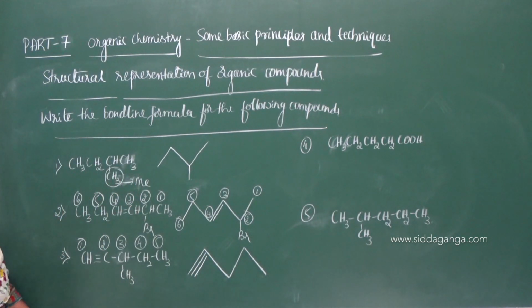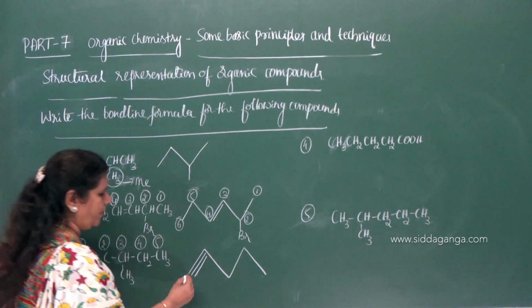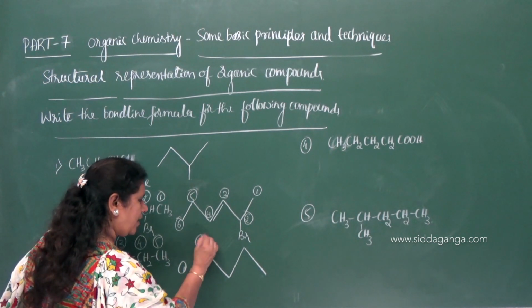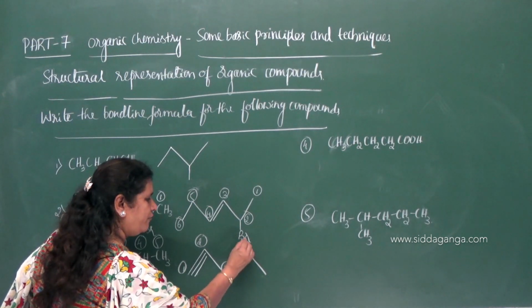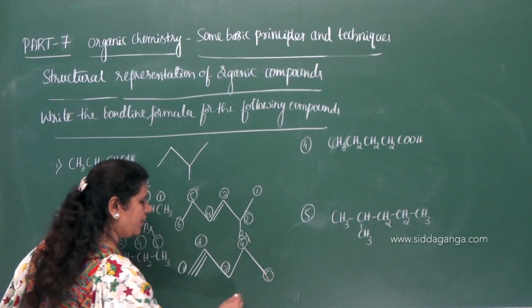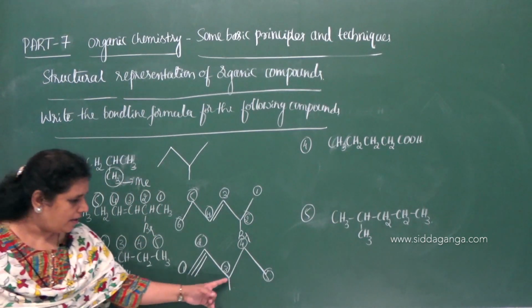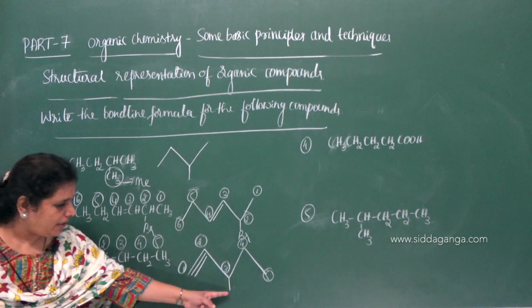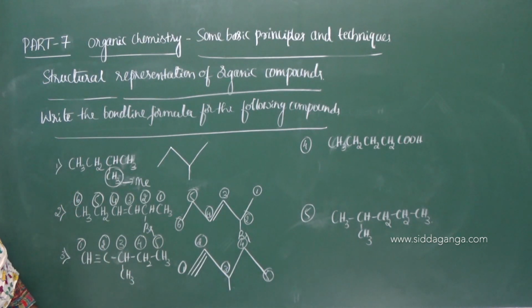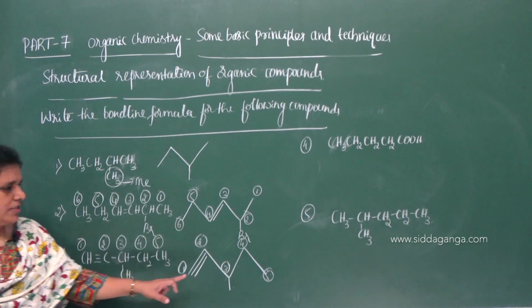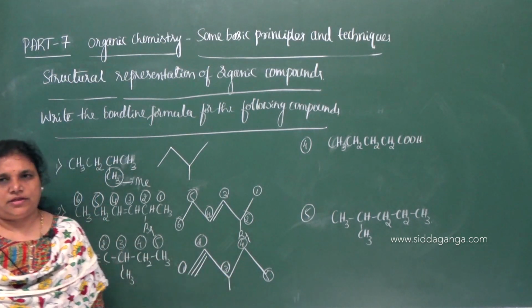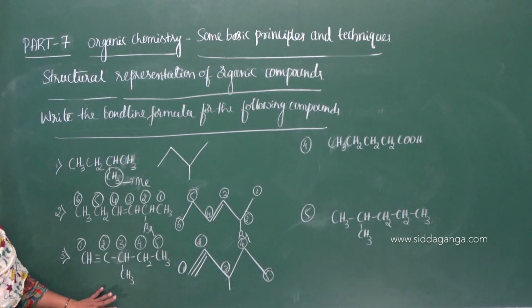A triple bond can be represented by using two more lines there, and at the third carbon we have a methyl group, which I have written as one line. The terminal indicates CH3, and the rest is CH2, CH3, CH2, CH3.